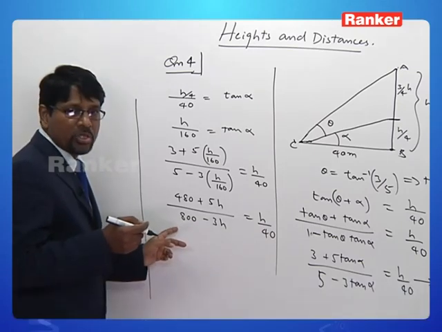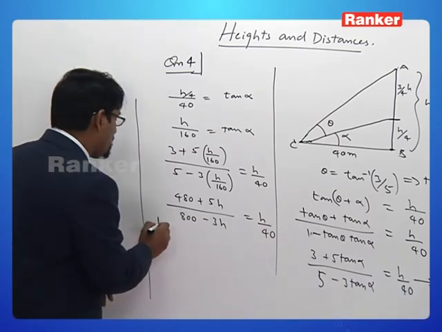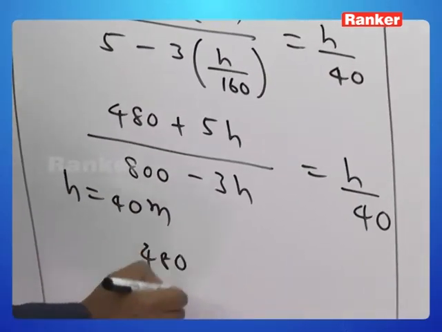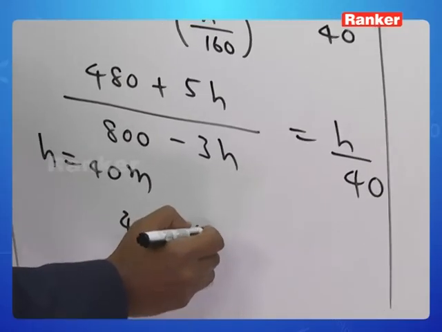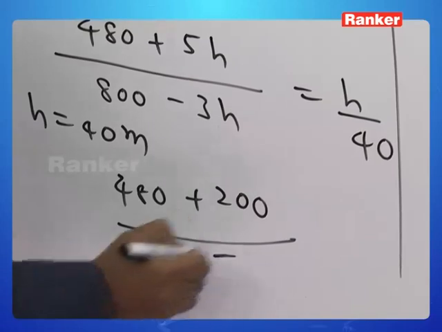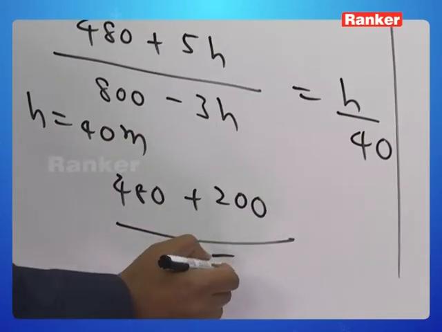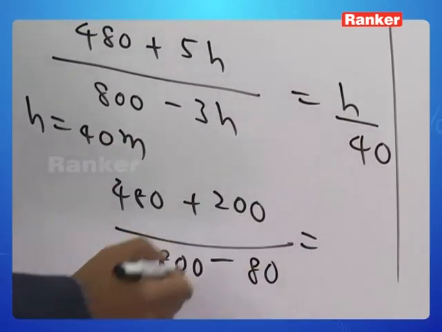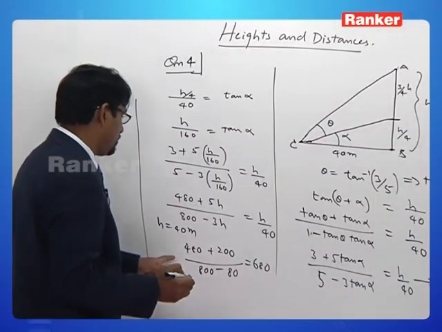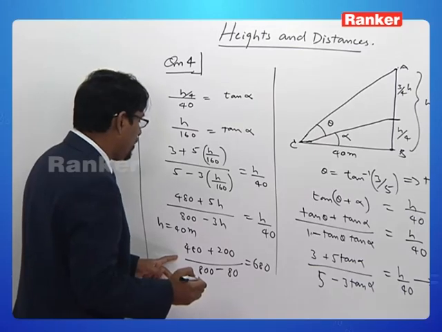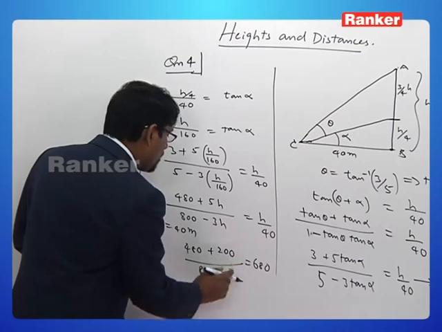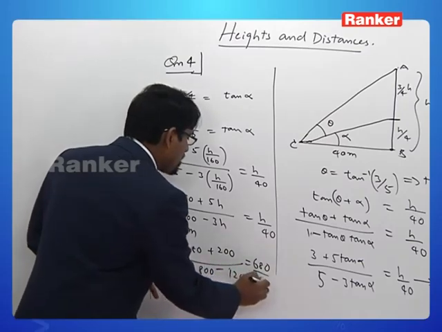So if I take h to be 40, what happens here? 480 plus 200 is 680, divided by 800 minus 120, that is 680.